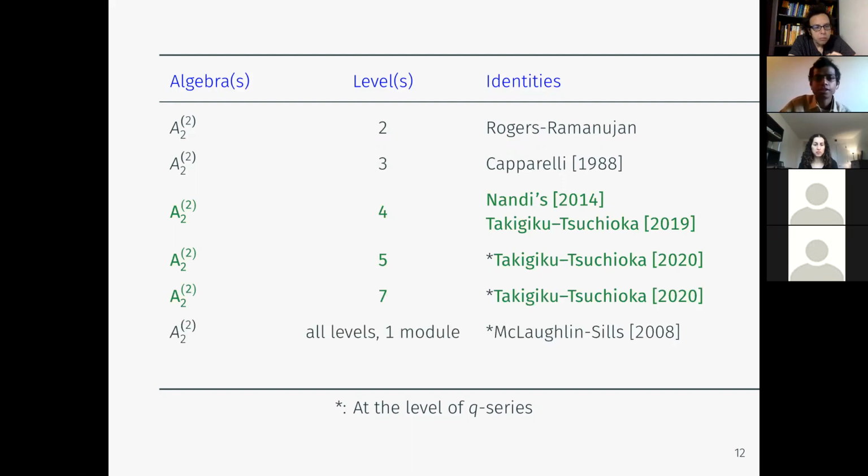And at the q-series level, for A_2^(2) for all levels, for one module, the analytic sum sides were known by the work of McLaughlin and Sills. But at the moment, it's not clear whether these sum sides are related to the actual bases of these modules. And at all levels, two modules were given by Sills eight years later.